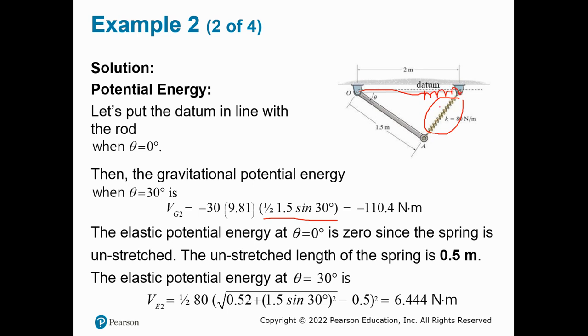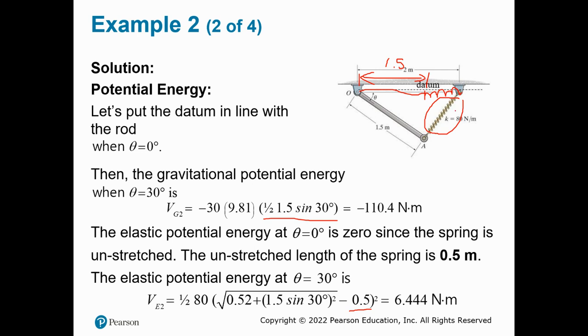How long the spring was initially is 0.5, because if I put that 1.5 up here, from here to here is the rod, 1.5, and if that total is 2 meters, that means the initial relaxed length of the spring is 0.5. That's what this is. And then, also using this triangle with 30 degree, you use either sine or cosine, or maybe a combination of them.